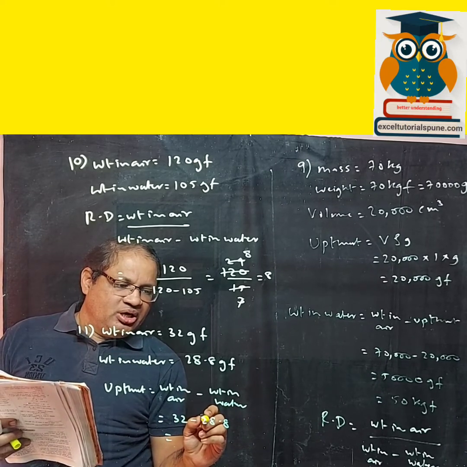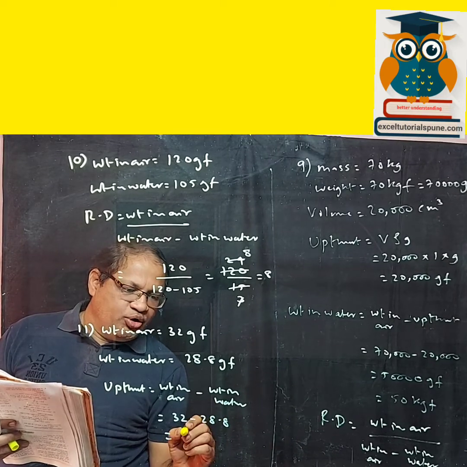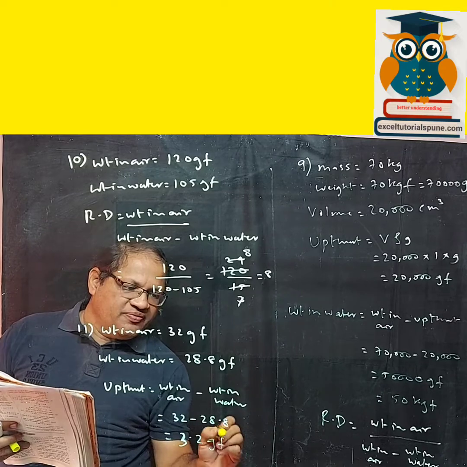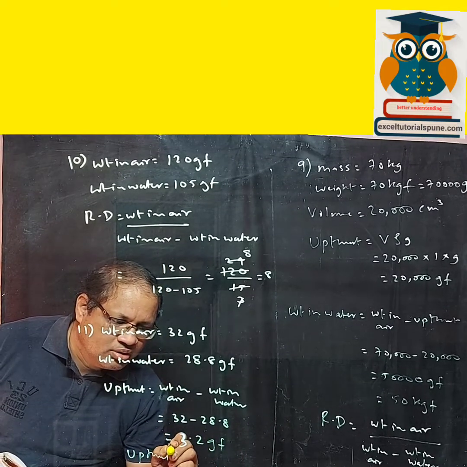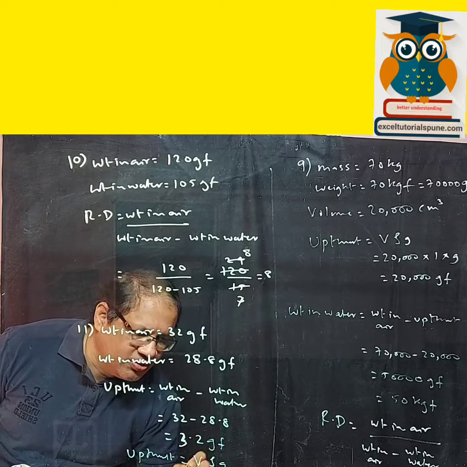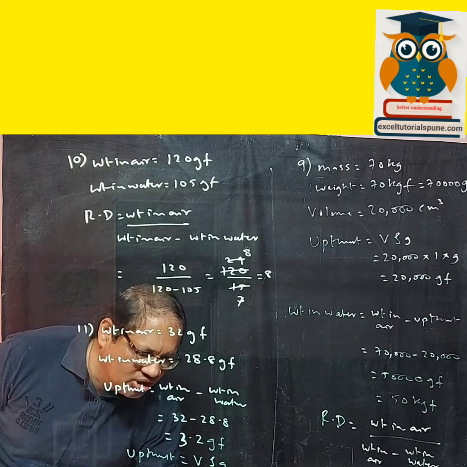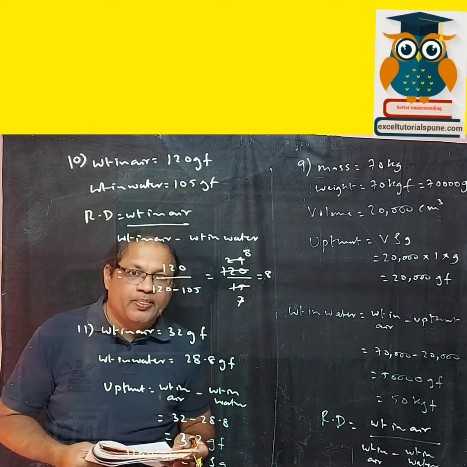So it is 3.2 gf. Okay, now upthrust is equal to V rho g, density 1 g, therefore volume is 3.2 centimeter cube.